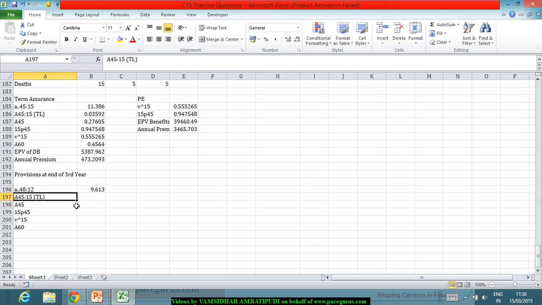Similarly, I am more interested in finding out capital A 48:12 in case of term life. So for that I require A48 separately.